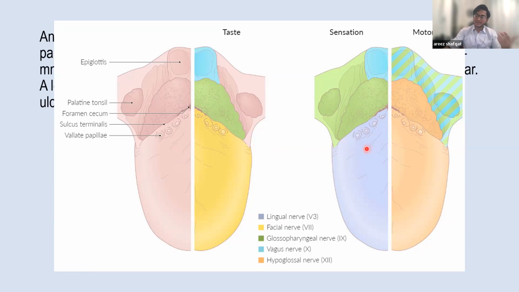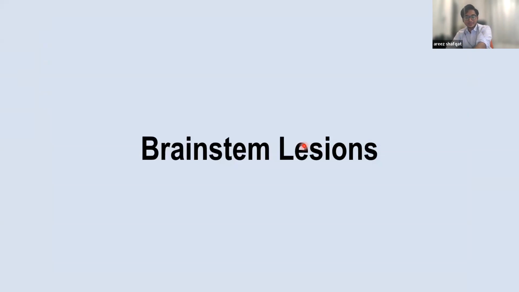For the things behind it, you don't need to make this distinction, because in the posterior 1/3, both general and taste are carried by the glossopharyngeal. In the supraglottic region, taste and general are carried by the vagus. So the only confusion comes in the anterior 2/3 of the tongue. You have to distinguish between general sensations like pain, temperature, touch, and taste sensations. General is carried by the mandibular nerve, taste by the facial nerve.